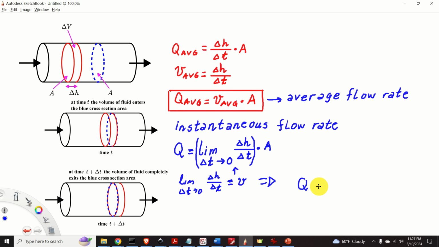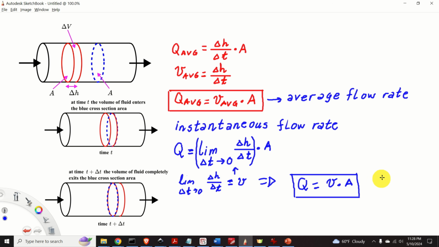The instantaneous flow rate becomes Q is equal to V times A. And this is the classical formula for computing the flow rate. That is, whenever you see Q is equal to V times A, this is not actually the average flow rate, this is the instantaneous flow rate.